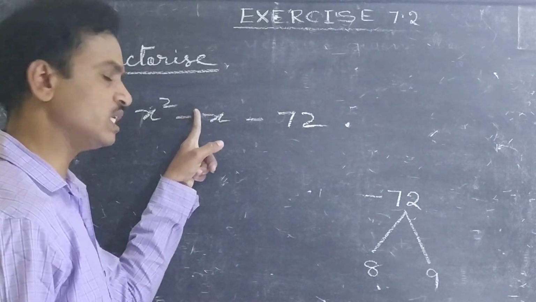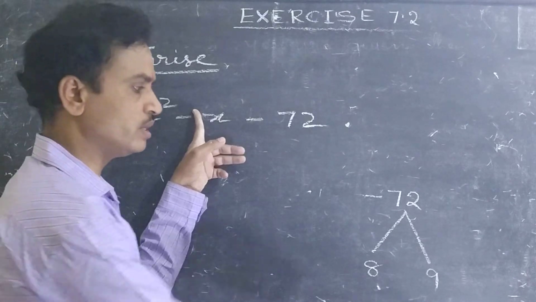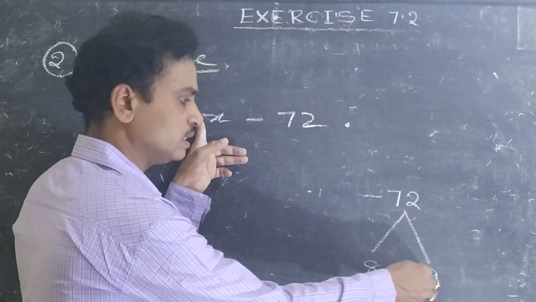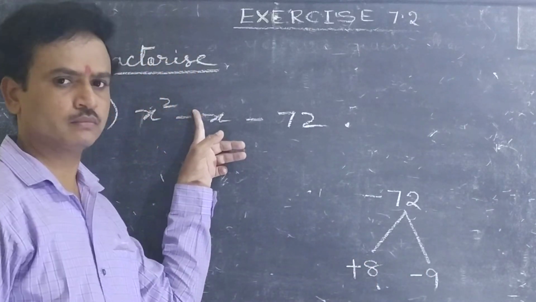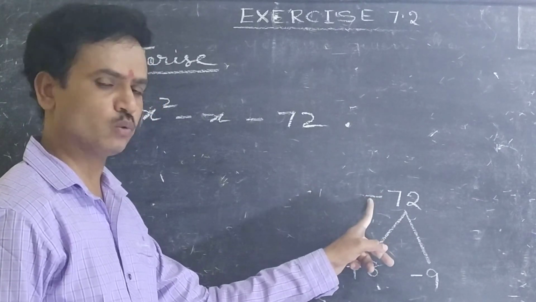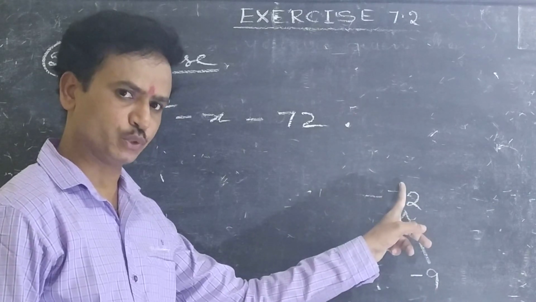Now minus 1 is there. That means which sign does the biggest number have? So we should take minus 9 plus 8. Plus into minus is minus, 8 9s are 72.